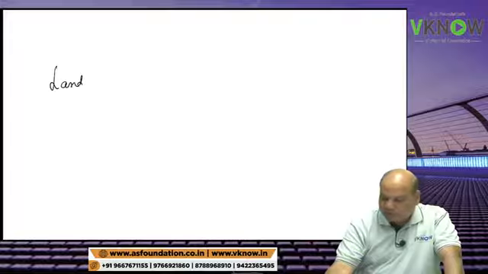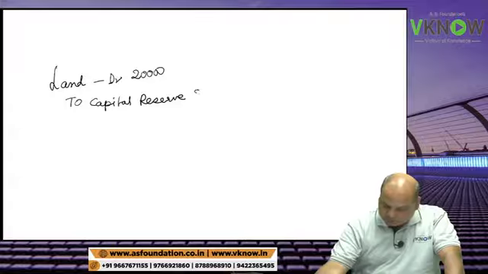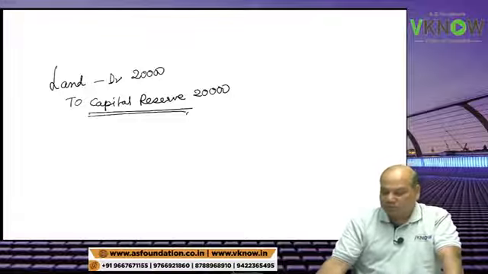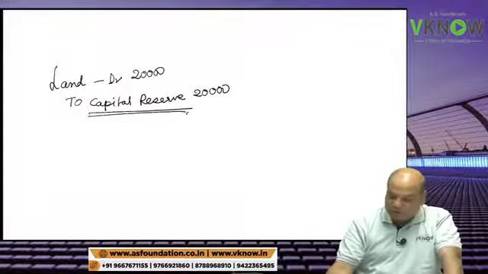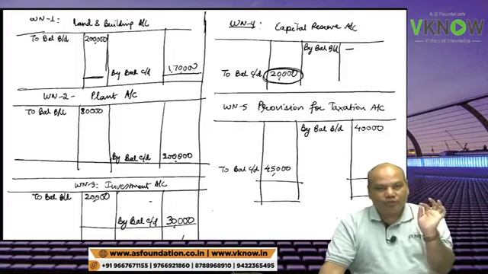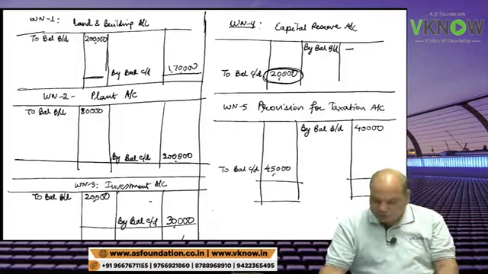They must have passed land account debit to capital reserve, 20,000. If the question says capital reserve, you take capital reserve. No argument on why capital reserve. It is given. So entry was land account debit 20,000 to capital reserve 20,000.